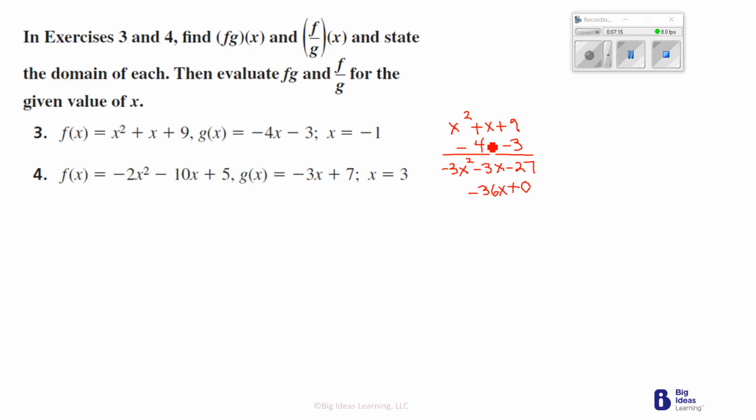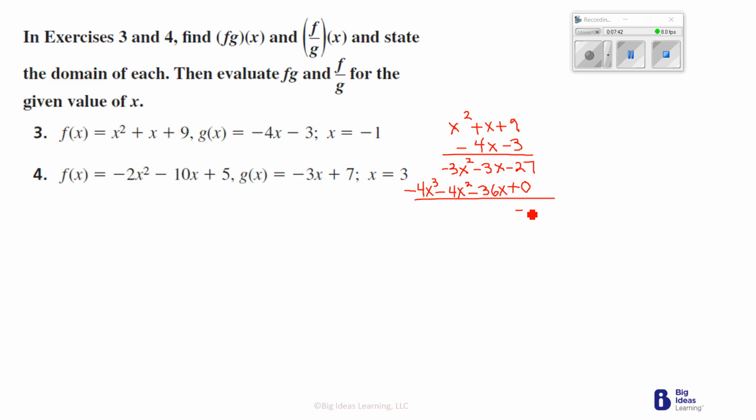And then a negative 4x times x would give us a negative 4x squared. And then negative 4x times x squared, that's going to give us a negative 4x to the third power. Then we have to add all these up.